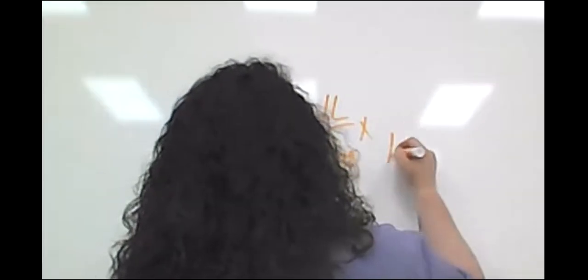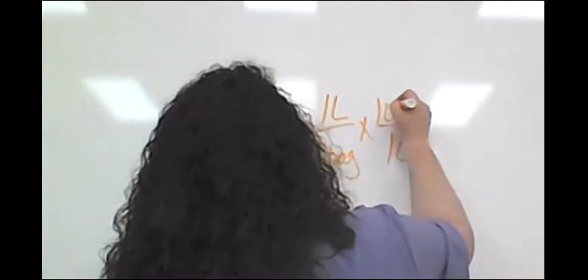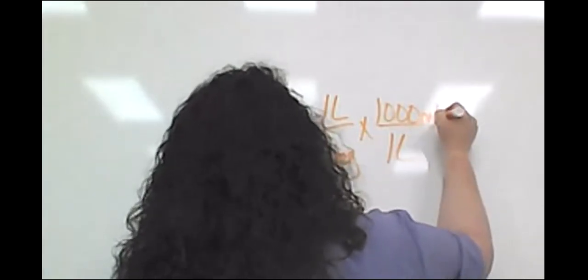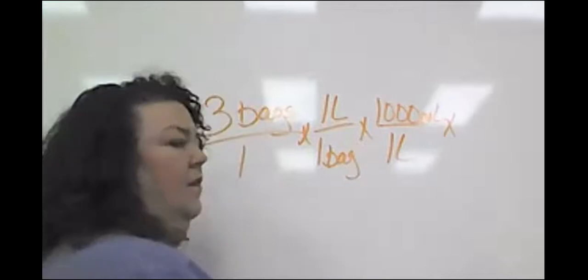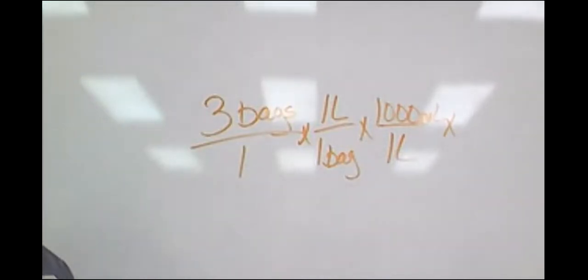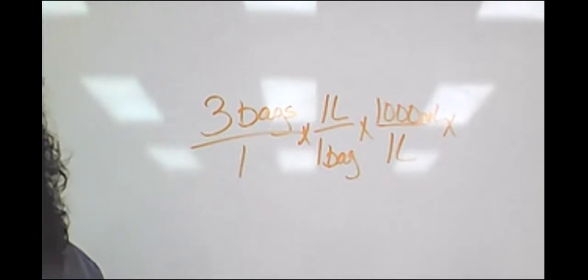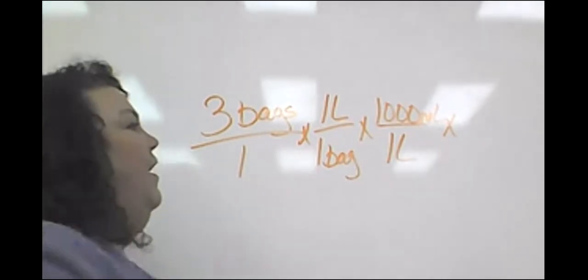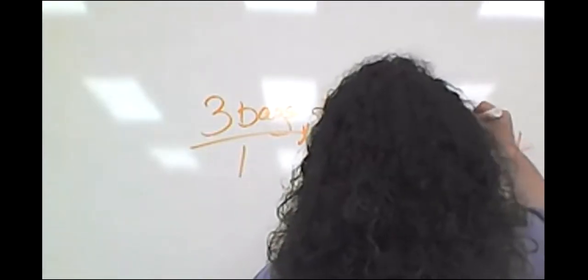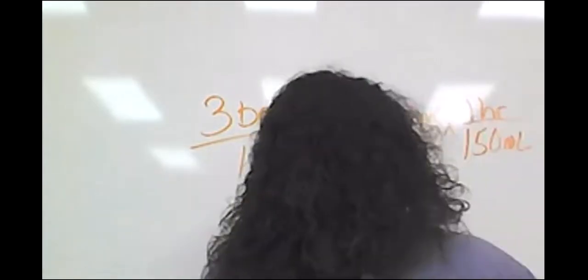We also know that for every 1 liter, there are 1,000 ml. And we are also told that this is being infused at a rate of 150 ml per hour. 150 ml per 1 hour.